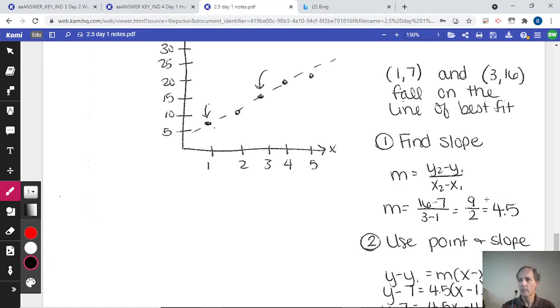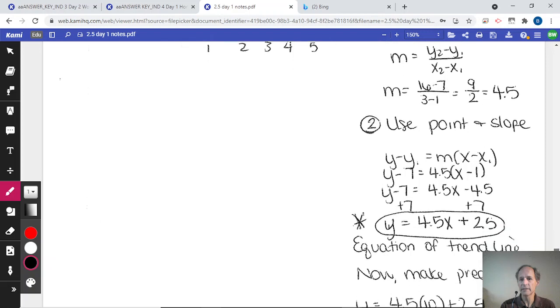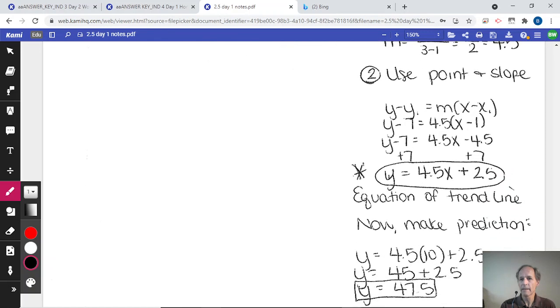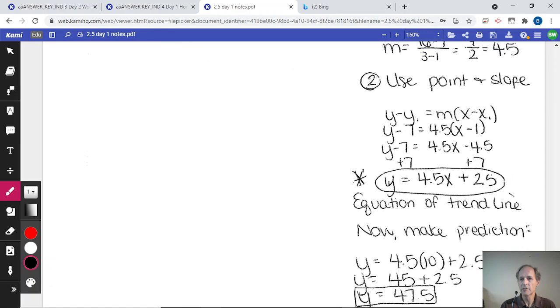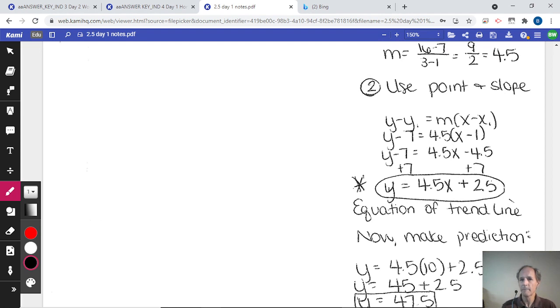Okay? So once we have the slope, we can use the point-slope form like I just talked about. Slope 4.5, remember. So the point-slope form is this right here. We simply plug everything in.